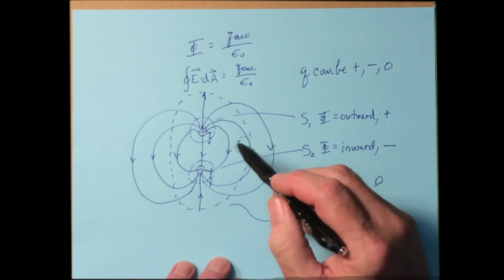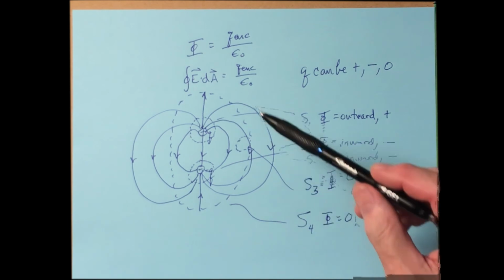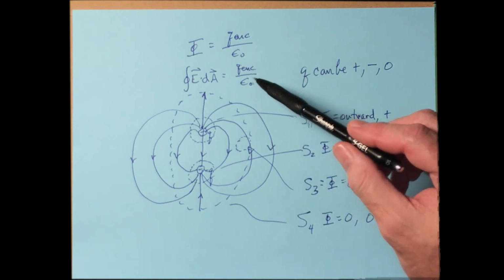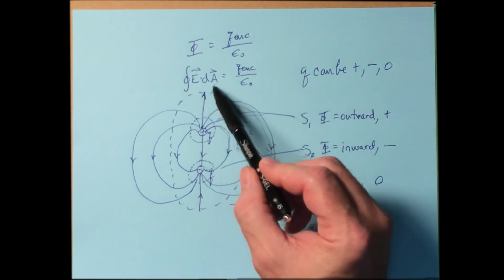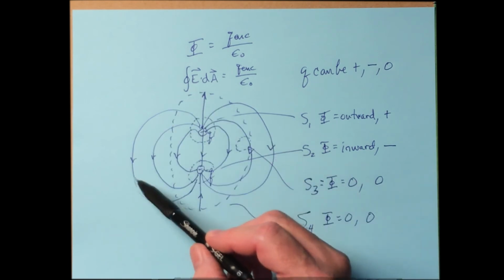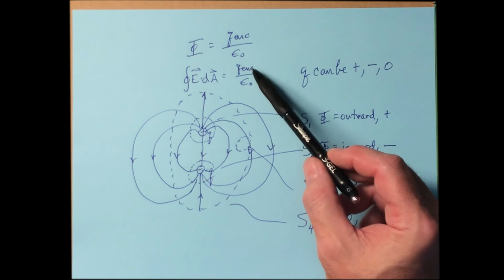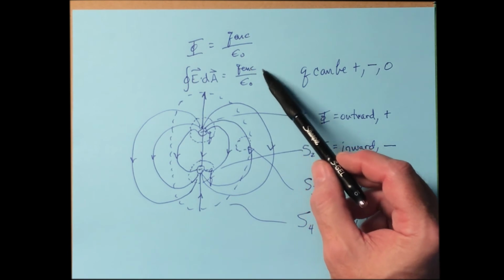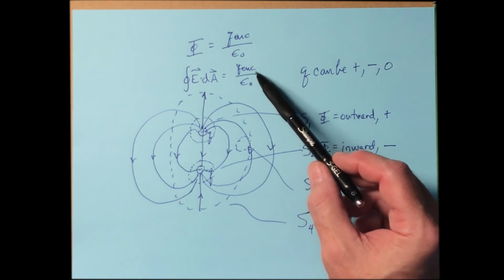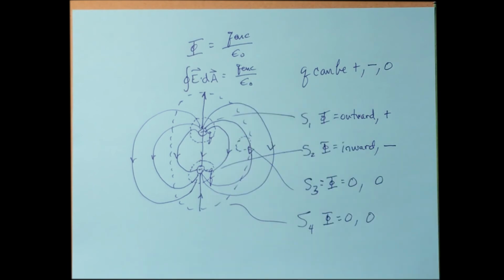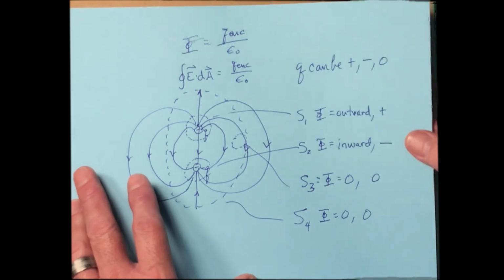Now you're starting to see perhaps what Gauss's law is really talking about here. This is the flux on the left-hand side, which has to do with the field lines that are leaving, is equal to the net charge that's enclosed inside your Gaussian surface divided by epsilon naught. All right, I think it might be easier to understand if we do a problem, an example.